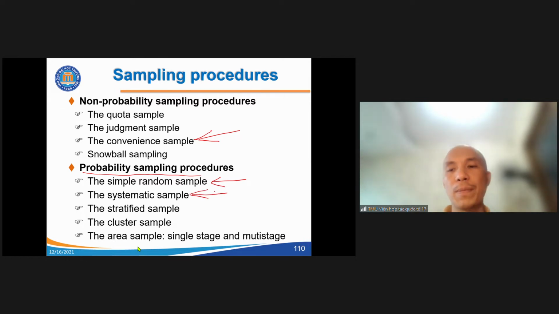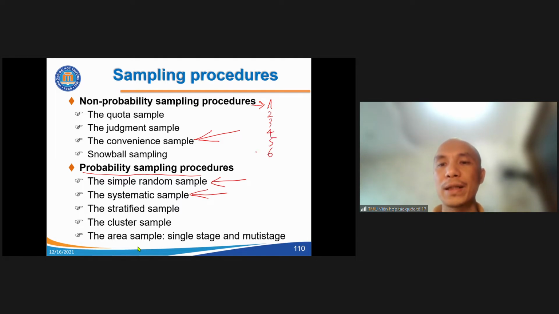For example, if you go to the supermarket and you decide you will send the sample to one out of every 5 people you meet, then if you meet number 1, you send the sample, and 2, 3, 4, 5 you don't do anything.